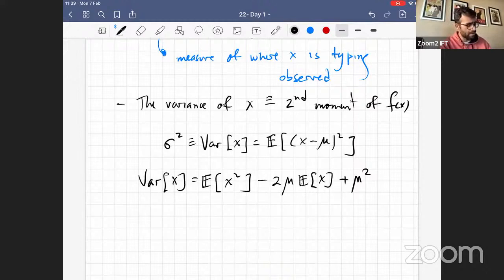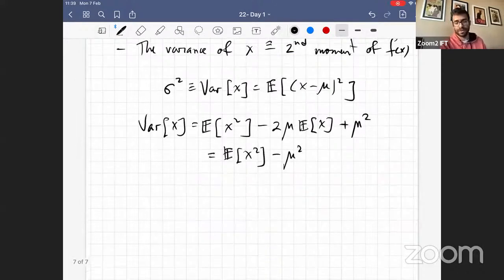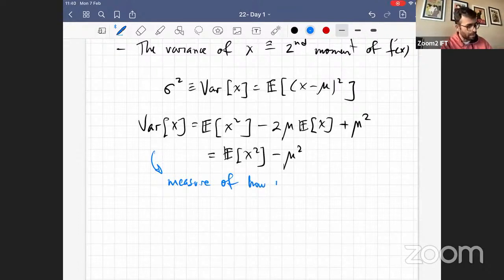Okay, is that clear? And then I substitute here this guy with the first moment, and this is just this expression, okay? And this is just a measure of how widely X is spread around the mean.